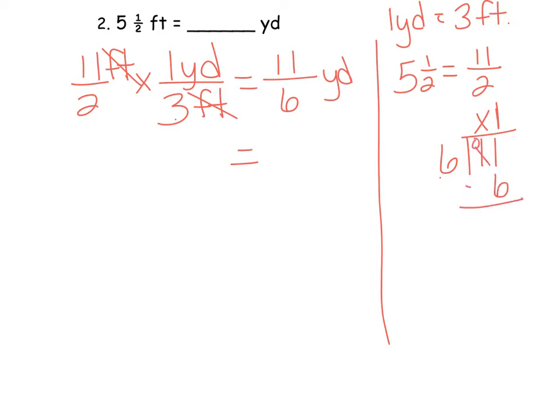Borrow, 0 becomes 11. 11 minus 6 is 5. So this is my new numerator, and my denominator is my divisor. So my answer is 1 and 5/6 yards. And let's make sure we show our work in the blank. Make sure everything I did, you did too.